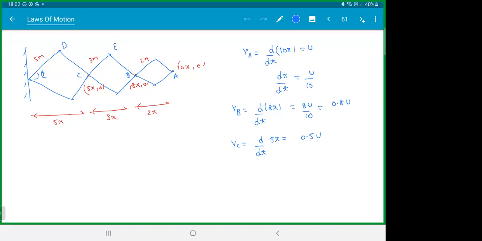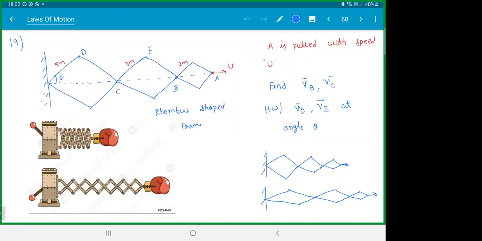So this was the last thing we did, and I gave you homework to find velocity of D and velocity of E. I hope everyone tried that. Sure, let's see how to do this thing.